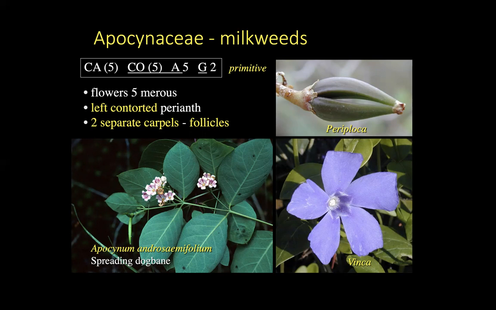Similarly, you get fusion between the corolla and the androecium. And now the perianth is left contorted as opposed to right contorted. Similarly, there are carpels, but they're not fused together. They form individual follicles. You can see here, these two carpels are about to burst apart. And here are the early follicles on dogbane, which we're going to talk about.